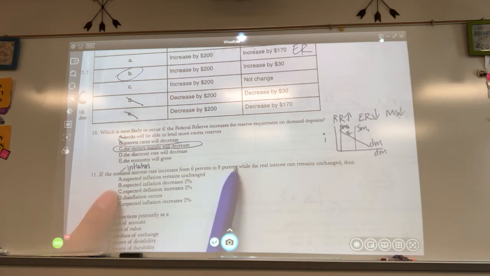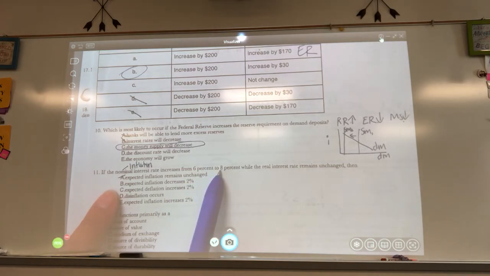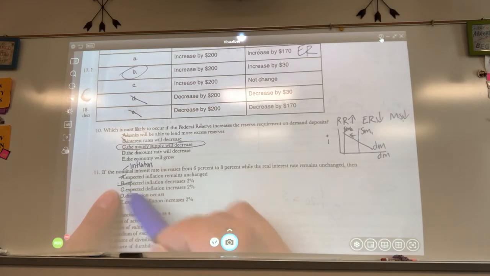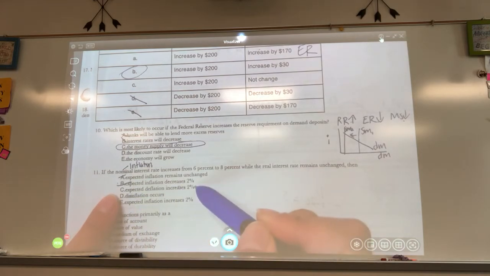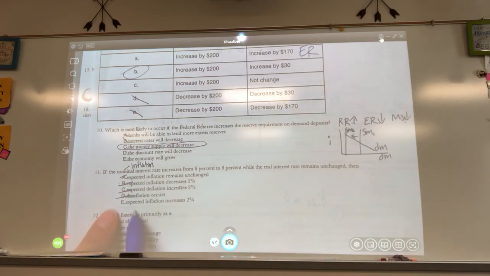Was there a change? Yes. So that's wrong, right? The expected inflation rate decreased by 2%. Is that a decrease? That's a what? Increase. So that one's wrong. Expected deflation decreased by 2%. Is that deflation? Disinflation occurs. The expected inflation rate increased by 2. There we go.